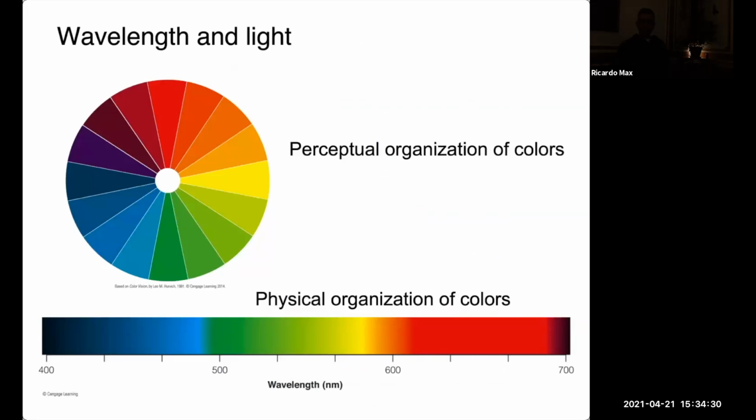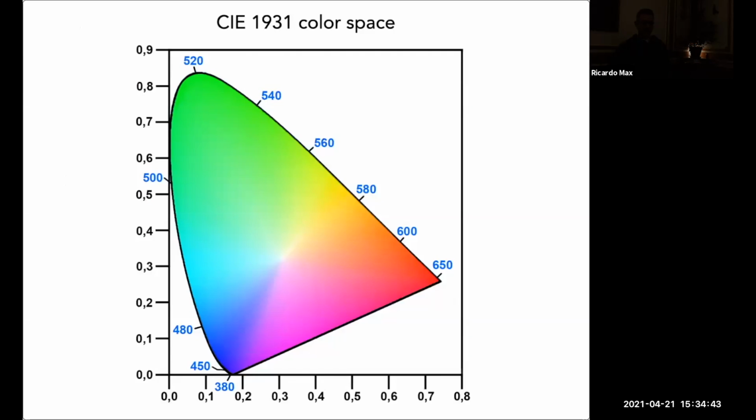So we said that our perceptual organization of colors is different from how wavelength is organized, which is linear, gradual. So this picture is what the International Commission on Illumination, the Commission Internationale d'Éclairage, built in 1931.